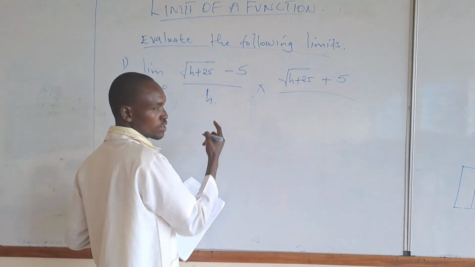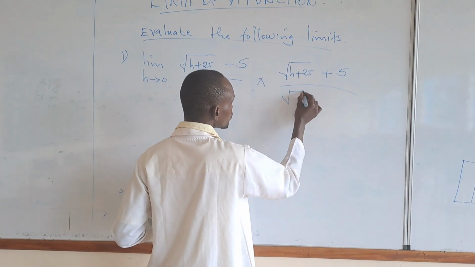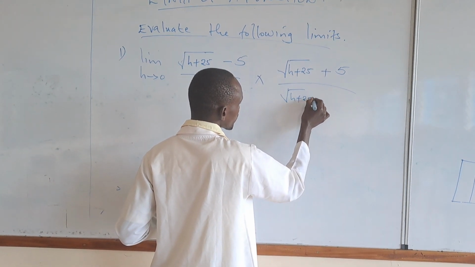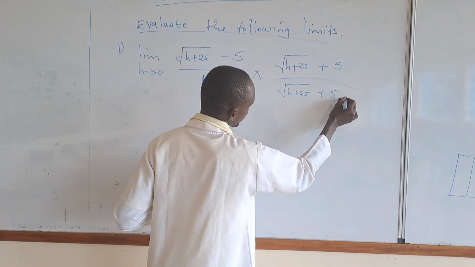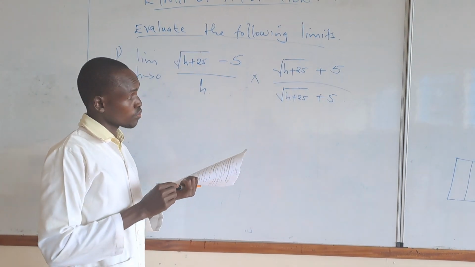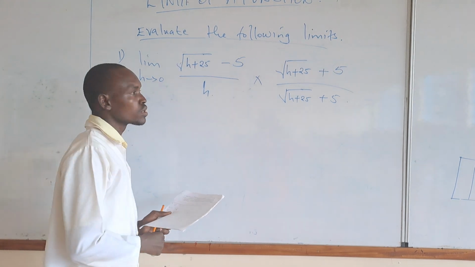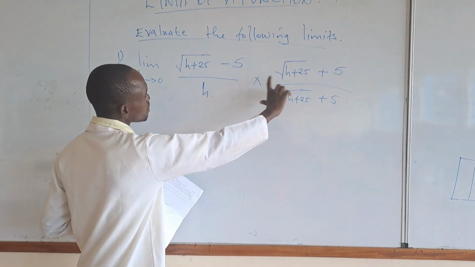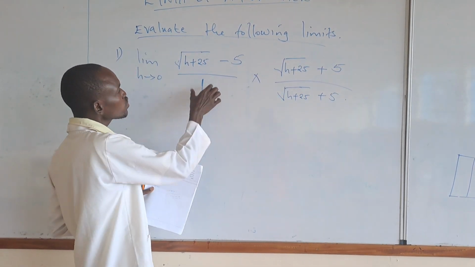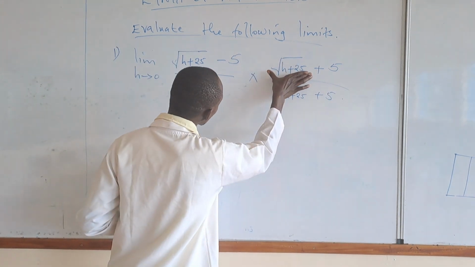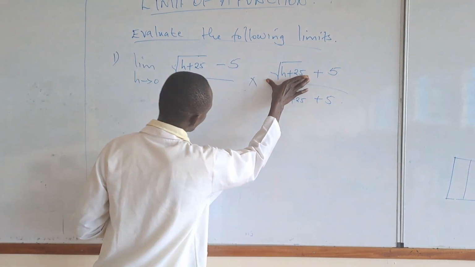Then you also multiply the denominator by the square root of h plus 25 plus 5. Now, we are going to multiply the numerator by the conjugate.